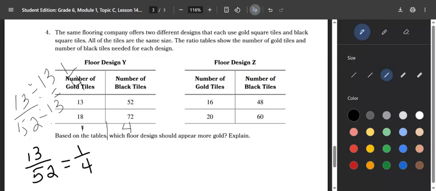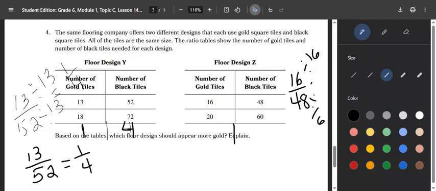All right, now let's see what we can do with floor design Z. I know that 48 is a multiple of 16, so I can divide 16 and 48 by 16.